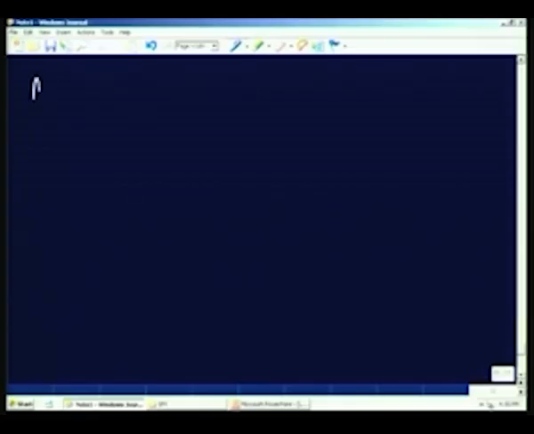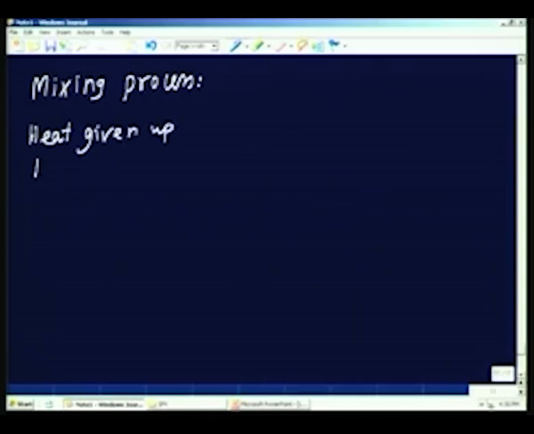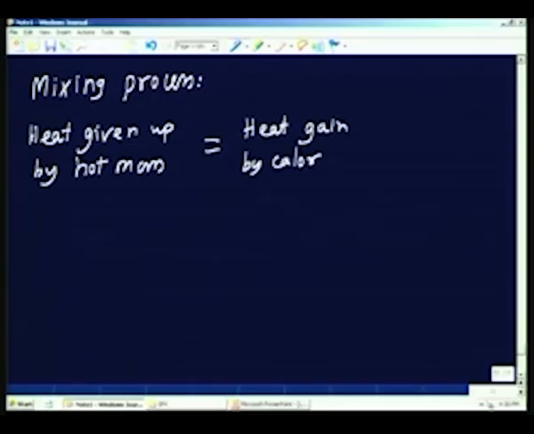During the mixing process, the heat given up by the hot mass which is dropped into it is equal to the heat gained by the calorimeter plus loss.